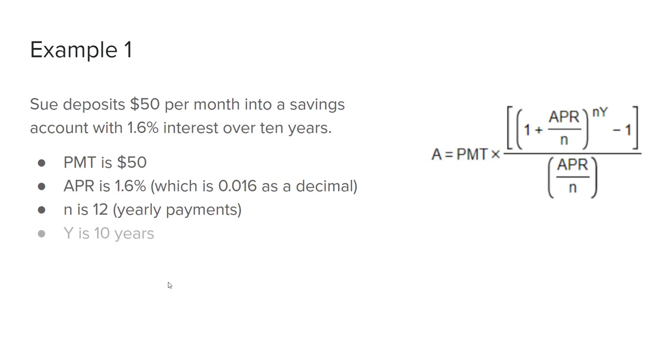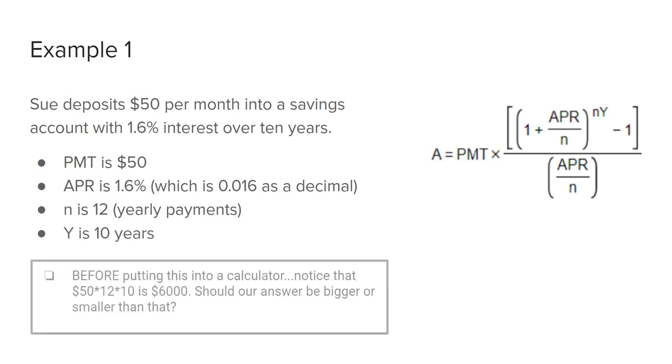Once you take some time to go through those numbers, then we're going to practice putting this into a calculator. Before we do, I want you to always take a minute and estimate your answer. Just looking at this, we put $50 into this account every month for 10 years. 50 times 12 times 10 is already 6,000.